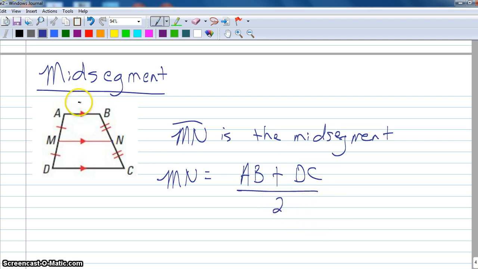So in other words, let's say this was 7 and the bottom here was 23. If this was 7 feet and that were 23 feet, how many feet is this one? Well, you're going to add the top, which is 7, add the bottom, which is 23, and then divide by 2. 7 plus 23 is 30, and 30 over 2 would be 15, so this would be 15.